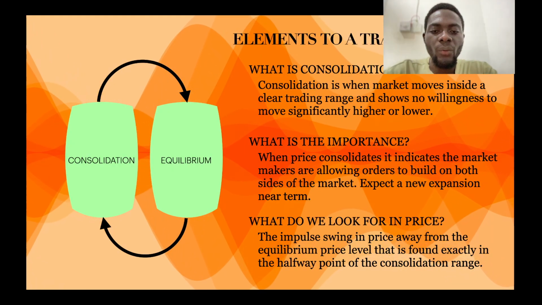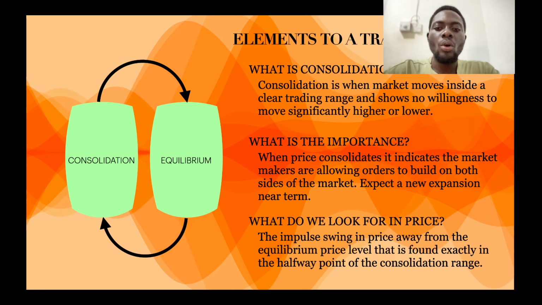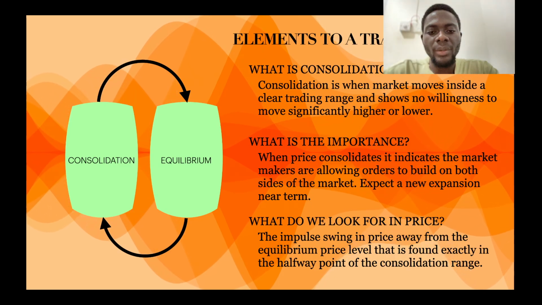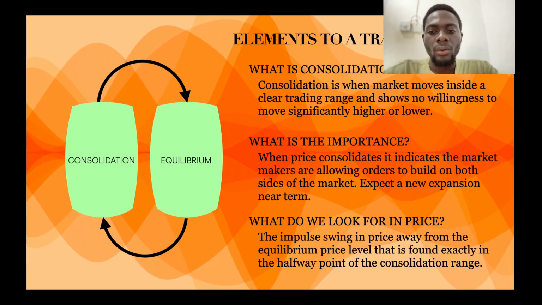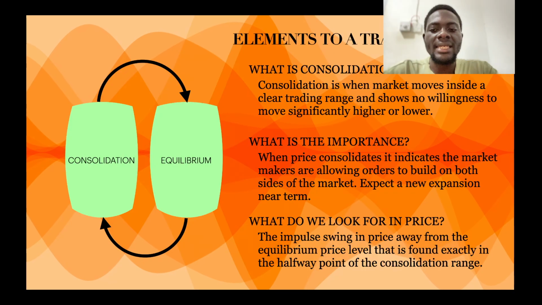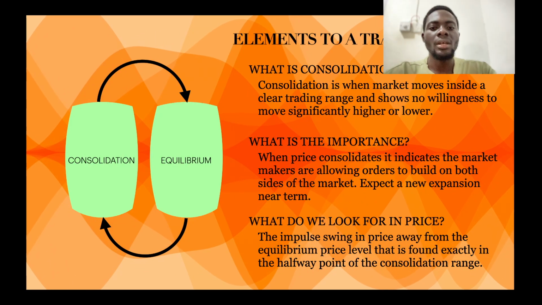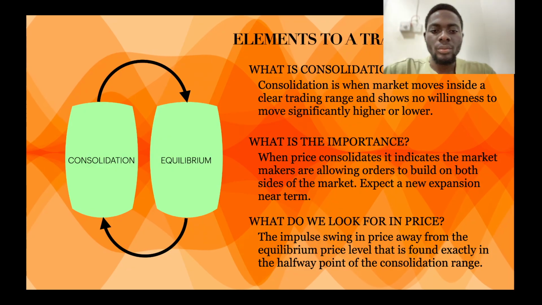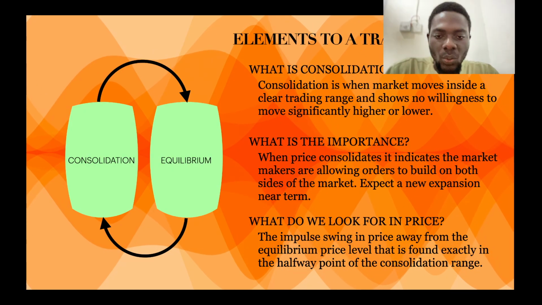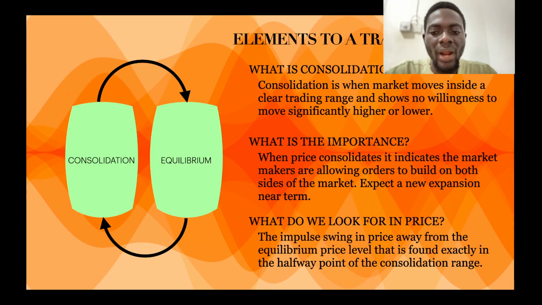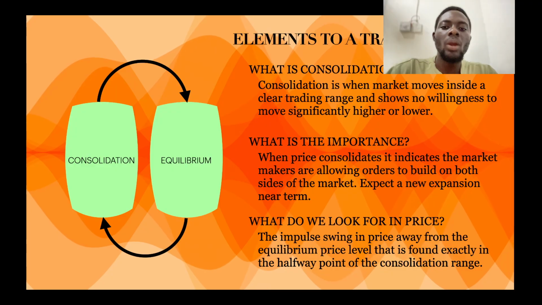Now, what do we look for in price? The impulsive swing in price away from the equilibrium level that is found exactly in the halfway point of the consolidation range. That's what we call equilibrium. So what do we look for in price? We look for the impulsive swing in price away from the equilibrium level.